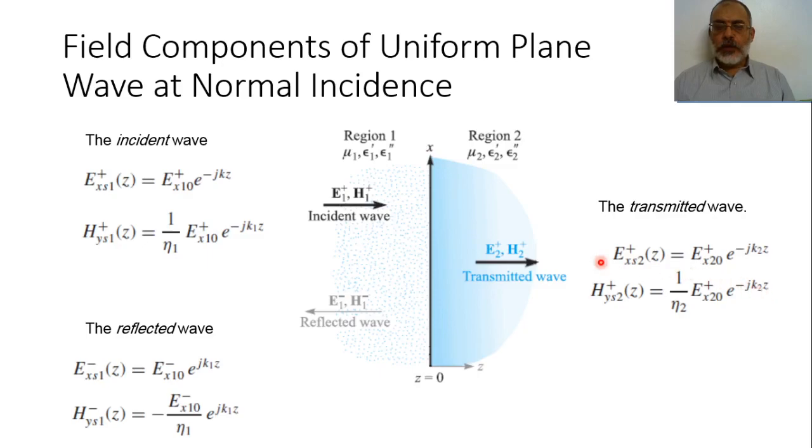So this is the representation of the incident, reflected, and transmitted waves. These representations are in phasor form. Okay.